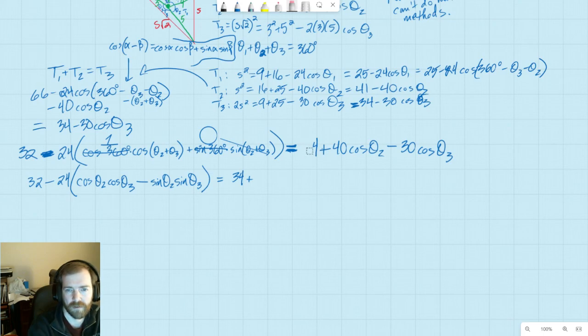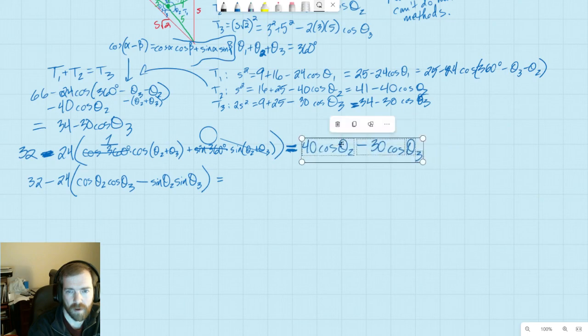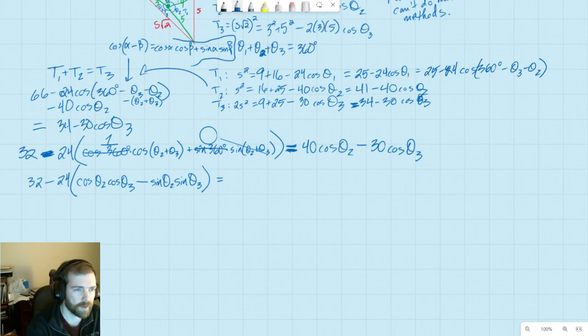Aha, knew something was wrong. Alright, it was 66. I subtracted 34 from both sides. It became 32 on the left. So it's just these two things, which is now going to be 40 cosine theta 2 minus 30 cosine theta 3.